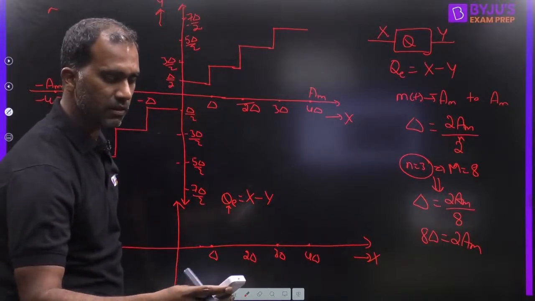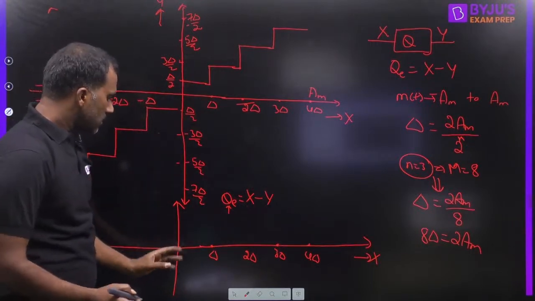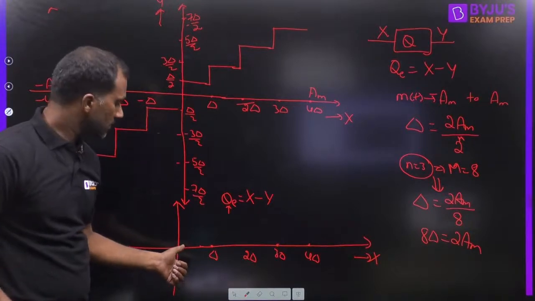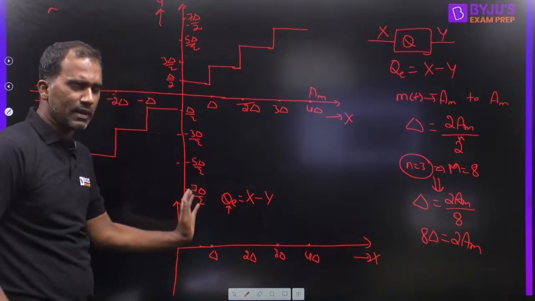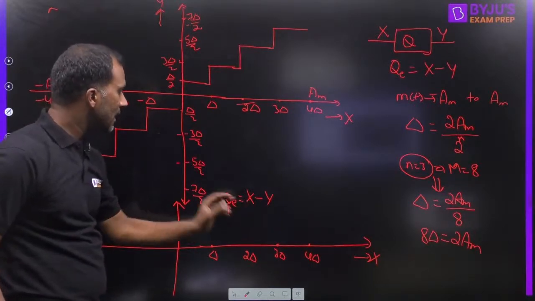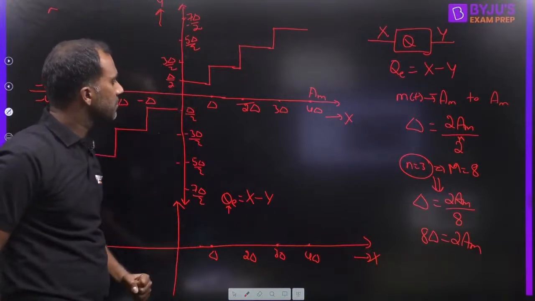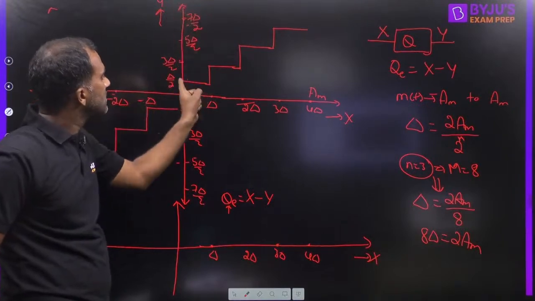Now let's understand carefully. When the input is a little higher than 0, let's say 0.01 or a little higher than 0, our input is in the first quantization region. When the input is in the first quantization region, what is the output? The output is delta by 2.